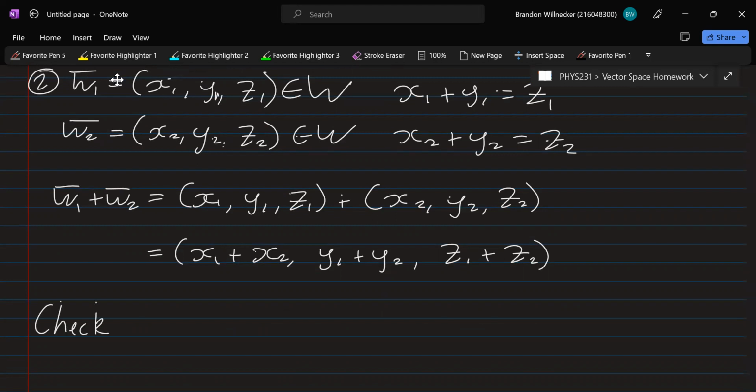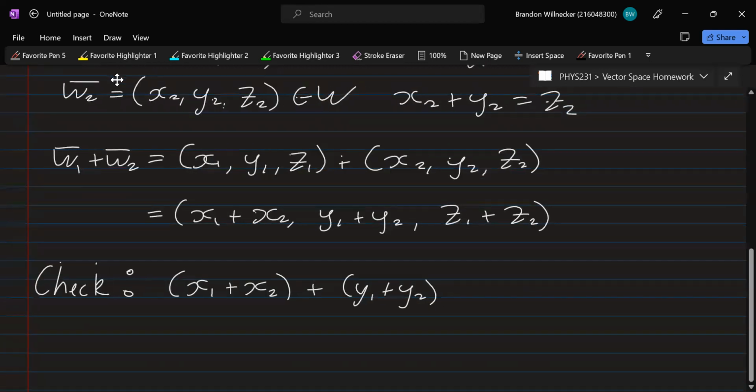So check. The first element is X1 plus X2. The second element is Y1 plus Y2. Does this equal the third element? Well, let's see. We can rearrange this slightly. X1 plus Y1, we can put together, and X2 plus Y2, we can put those together.